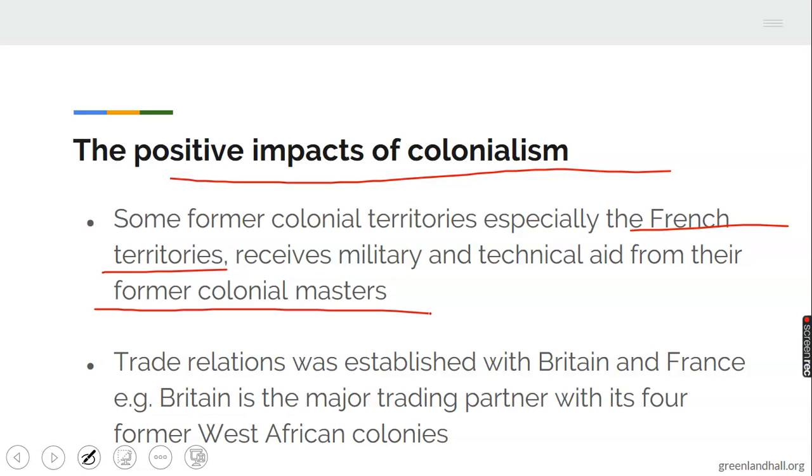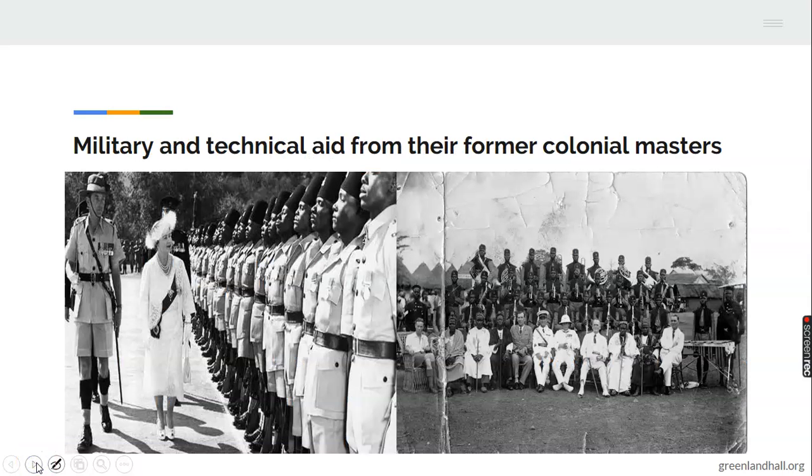Another one, trade relations were established with Britain and France. E.g., Britain is the major trading partner with its four former West African colonies. Look at this picture. The woman here was the Queen of England. Look at our military.